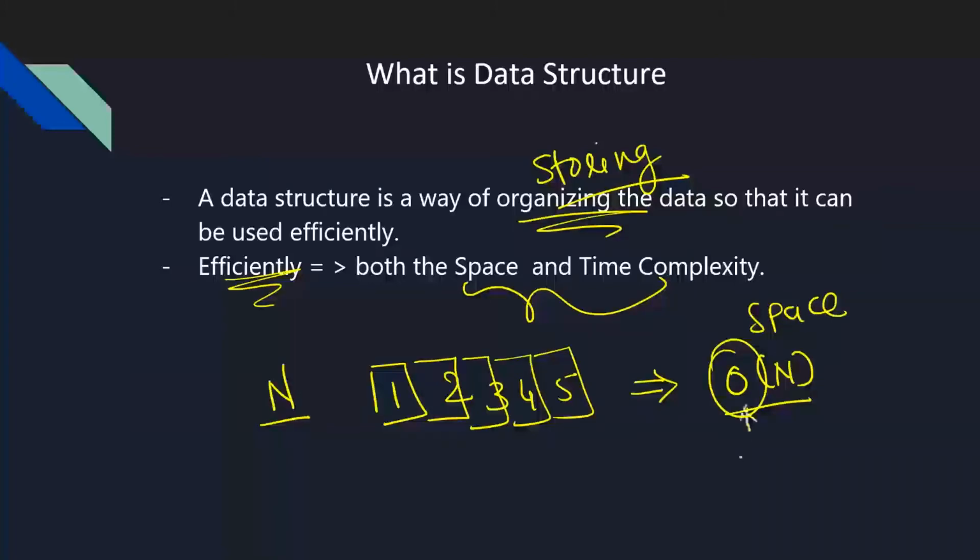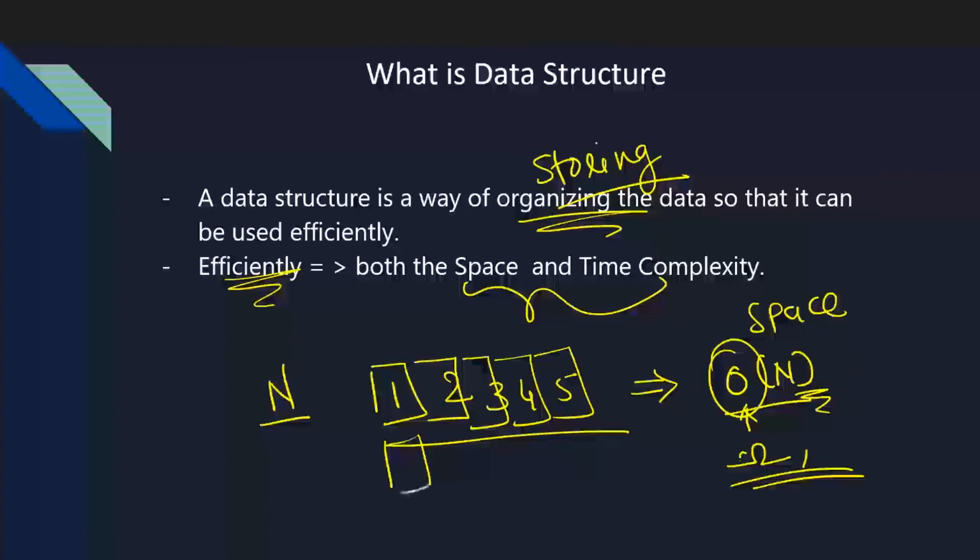What is this big O, small o, and all that? Right now they are not useful in terms of industry standards, because in industry we use only big O. So the book's explanation of big O and all that we are not taking. If you are storing n numbers, it is called order of n space complexity.